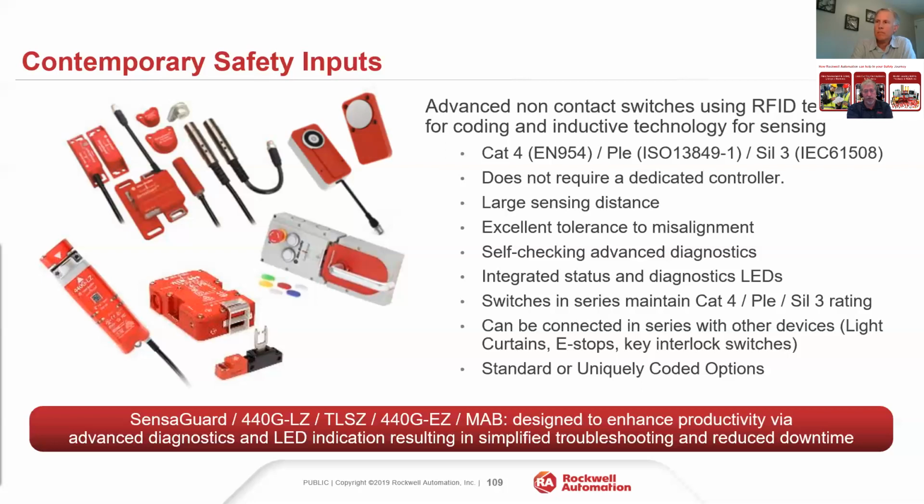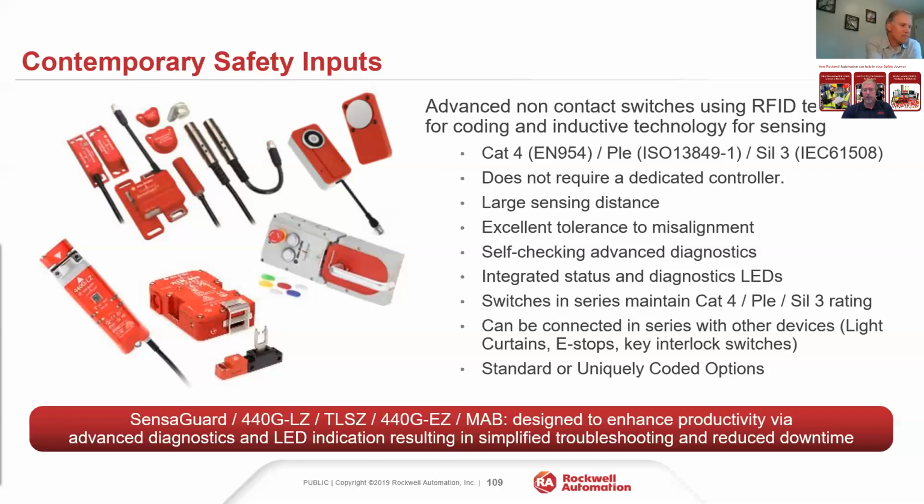So high coding basically says that there are more than, I believe, and it's been a while since I've looked at the standard to recall this number, maybe either 1,000 or 5,000 combinations, right? Just like your car key will not start somebody else's car; go find that car. It's pretty hard to find, right? So high coding says that whatever that number is, it's above this number of the combinations that are out there.